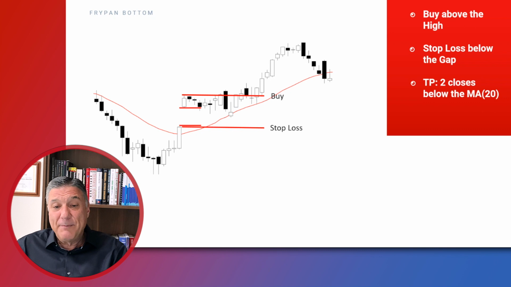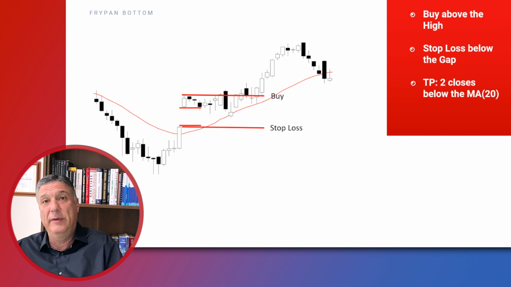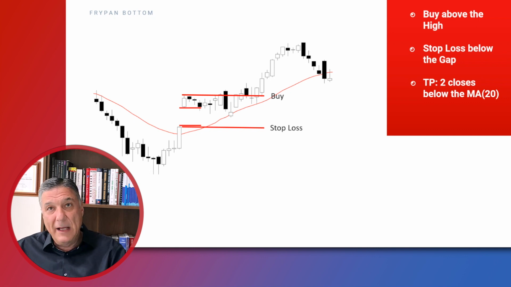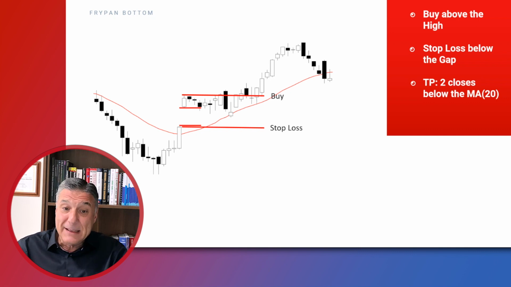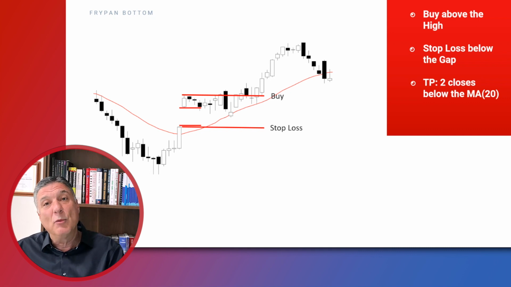Nevertheless, we're going to buy right above the high price of the white candlestick, and we will allow the market to move higher to take advantage of the upward momentum, because when prices move above the moving average, it implies that the market is moving upward.